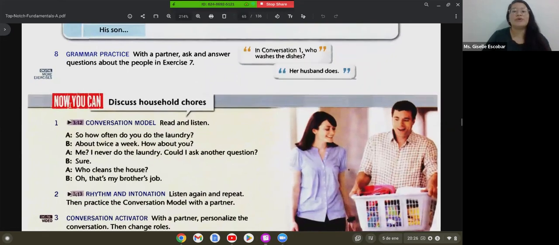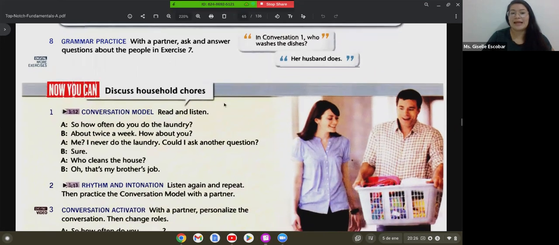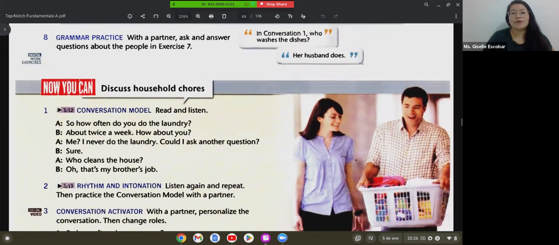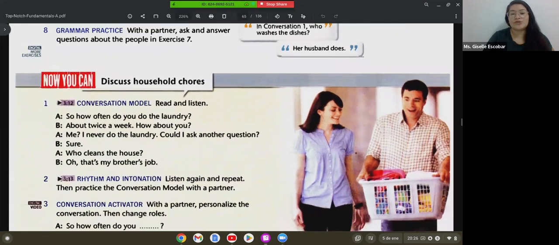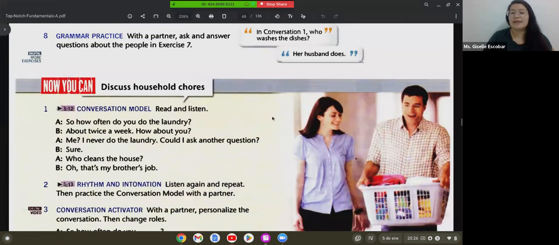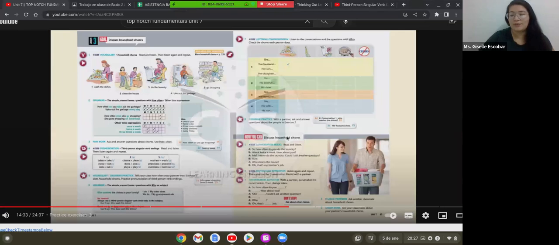And it says right here, now you can discuss household chores. Ahora podemos discutir sobre las tareas del hogar. So first we are going to start with a conversation model. We are going to read and listen, then listen again and repeat. So let's do that right now.